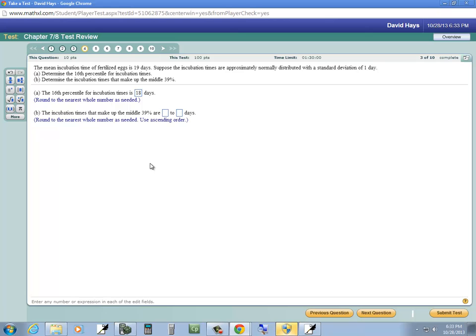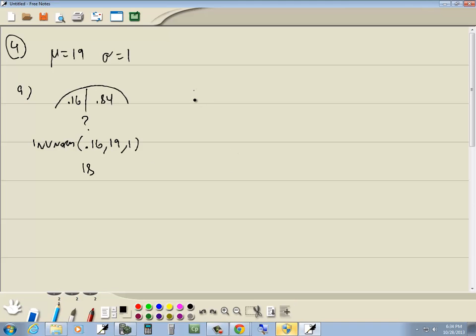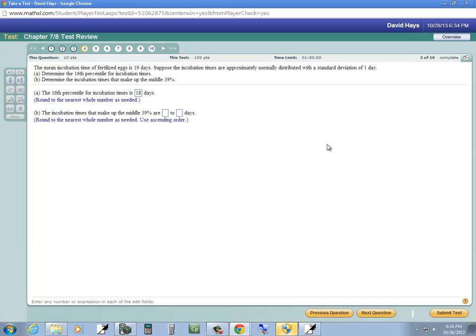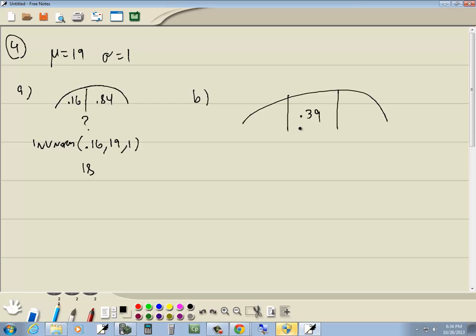Okay, part B. The incubation time makes up the middle 39%. So what you're telling us is the middle part is 39%. Now, if 39% is in the middle, then we've got 61% in the tails. If you divide that by 2, that gives you 30.5%.